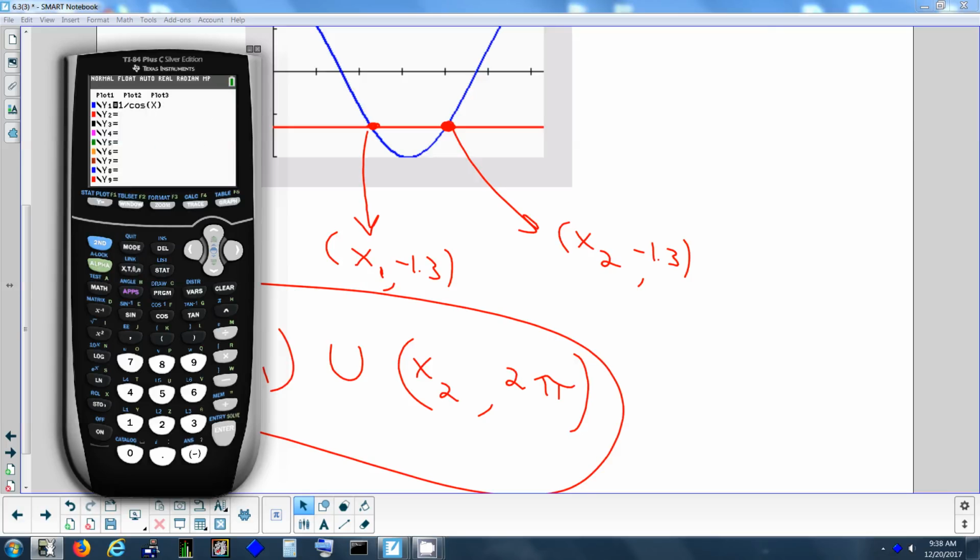But we got to be careful because when you have a fraction, the bottom can be 0. If you graph cosine, does cosine ever cross the x-axis? Caleb? Yes, it does. So if cosine crosses the x-axis, that means it has a value of 0 at different points. Well, that's a problem.